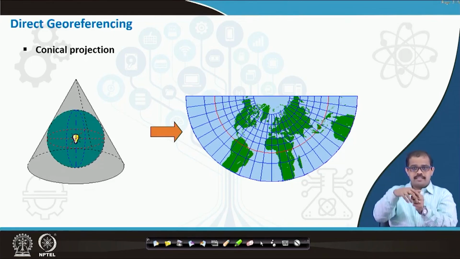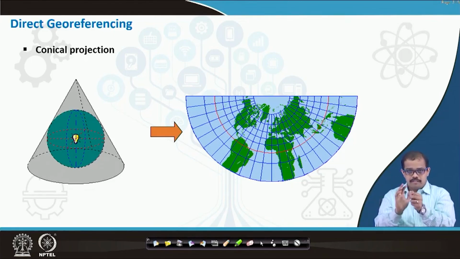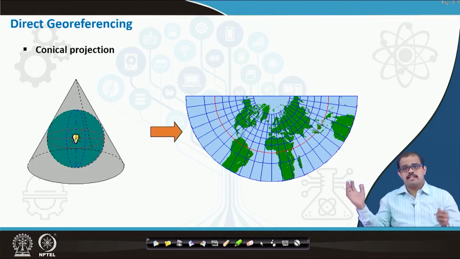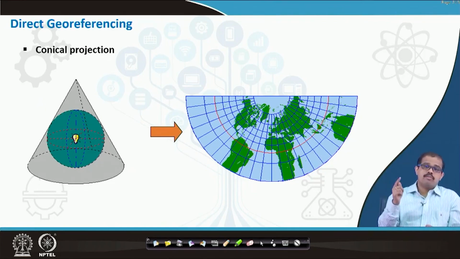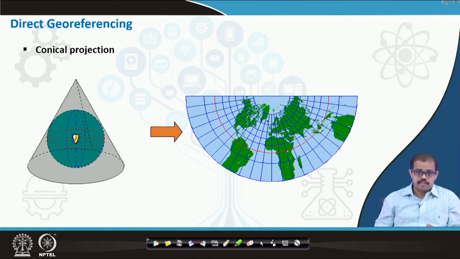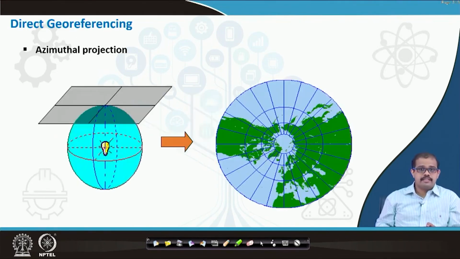Whatever is printed from the 3D earth surface onto a 2D surface is a representation from 3D to 2D. This means your data is now projected in the form of a conical projection. Okay, I'll discuss each of these in detail. I'll also explain the advantages and disadvantages in my coming lectures.